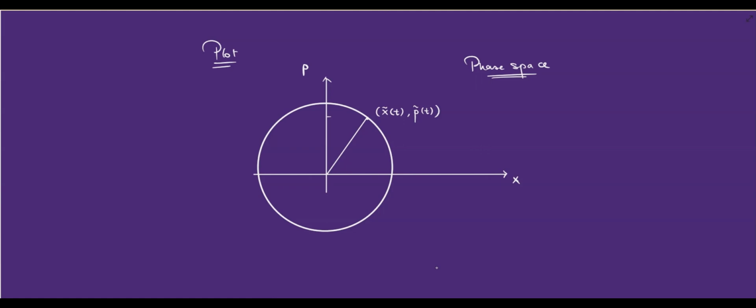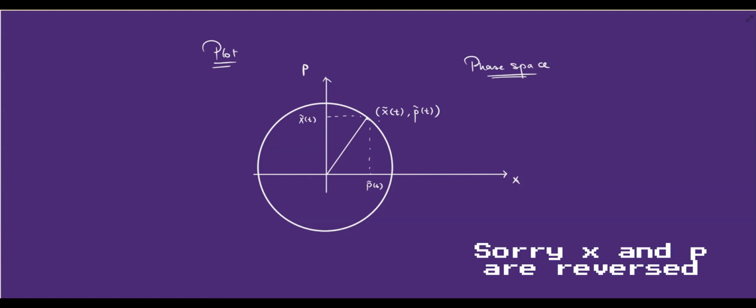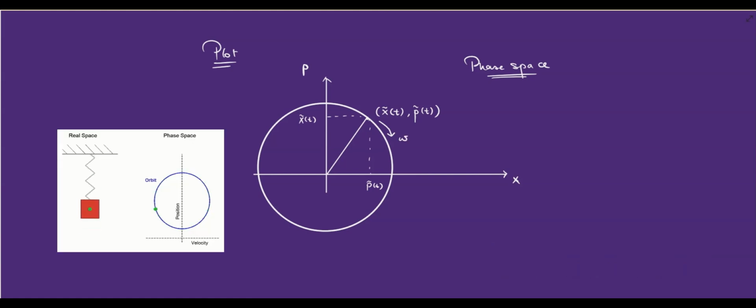And this particular dot will move in this manner with a frequency omega. So this is how the phase space will look.